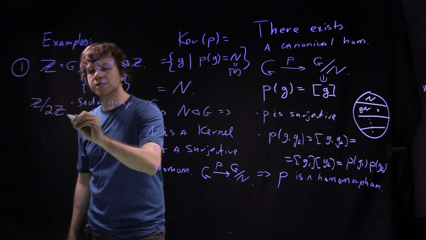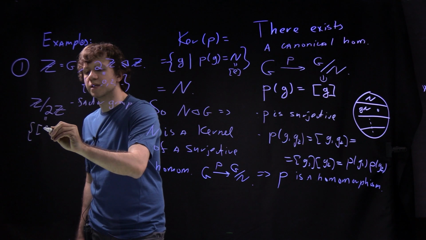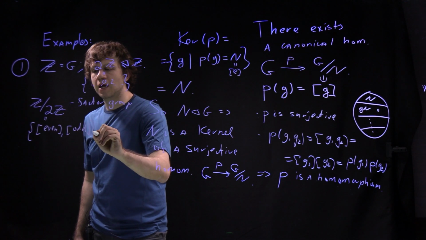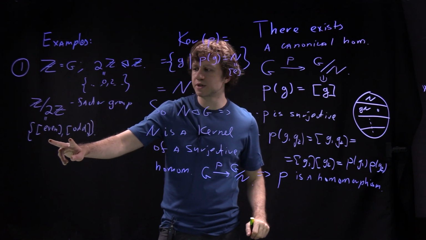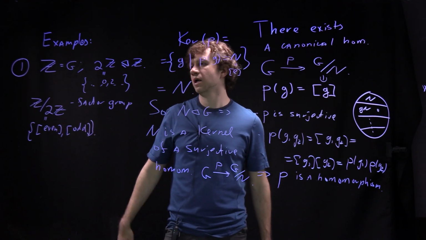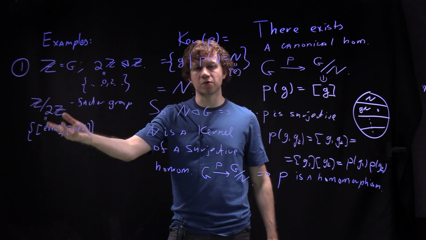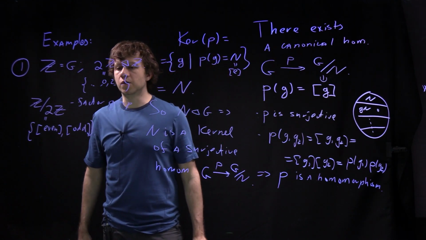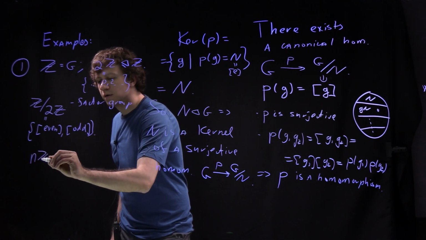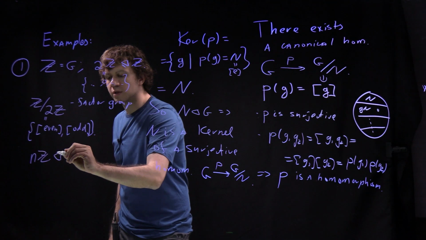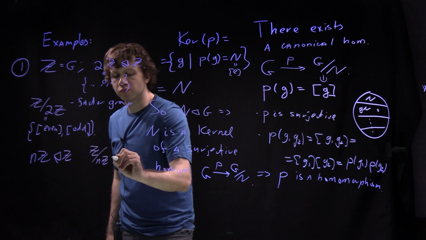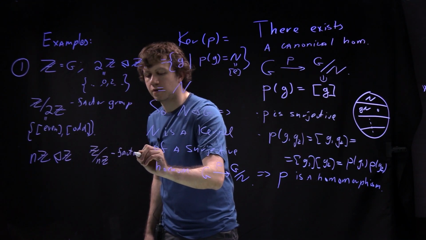It has two elements, which are two classes, and one of them is denoted by even, the other by odd numbers. If you want to add two classes, you just add any two representatives and see whether the result is even or odd. We have seen that so many times during this class, so that's not a big surprise. And of course, if you take nZ, all integers divisible by n, it's a normal subgroup of Z. And so Z over nZ is a factor group.